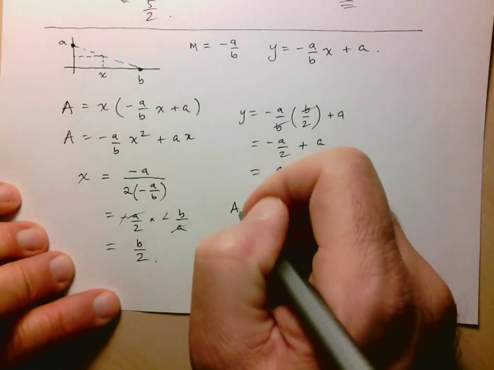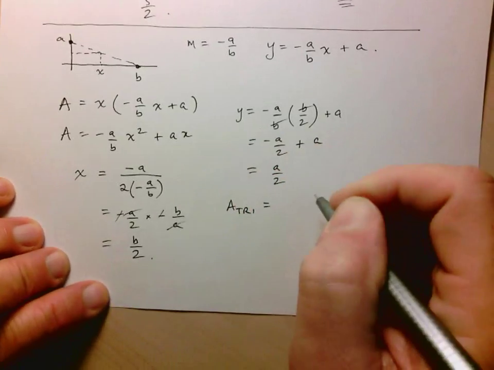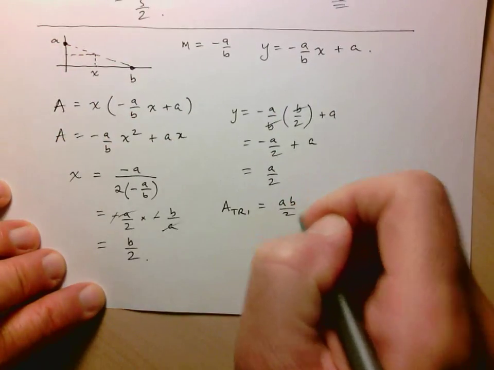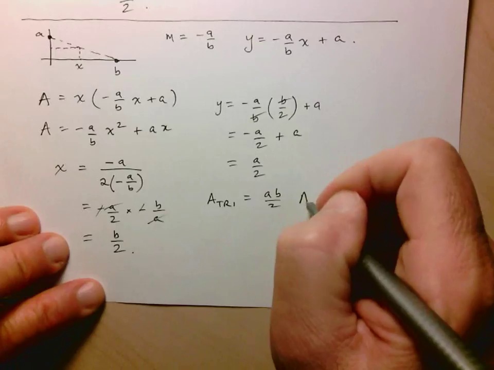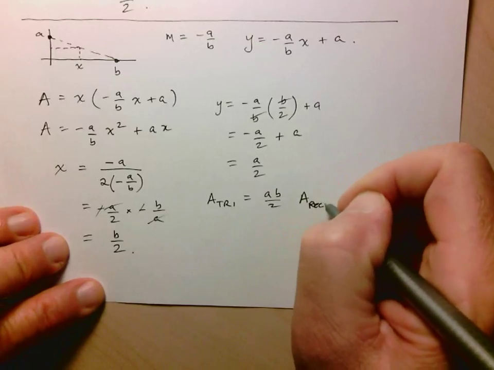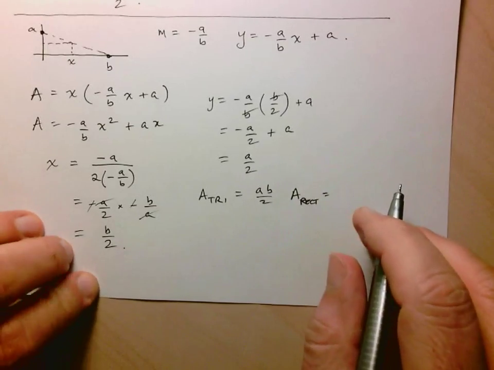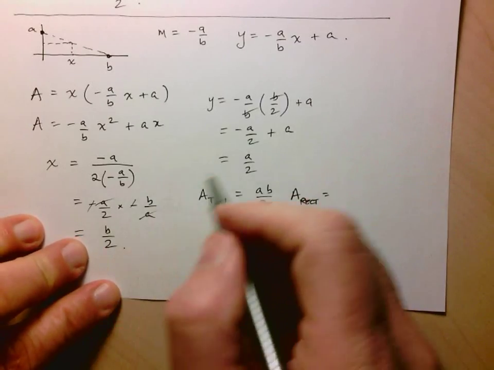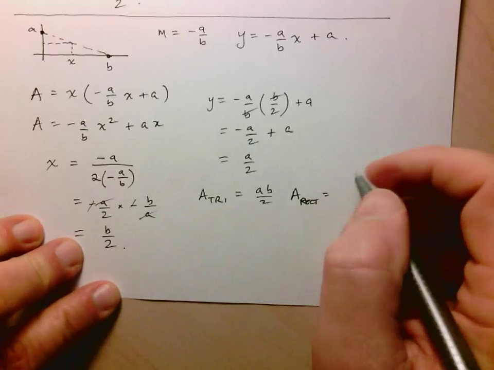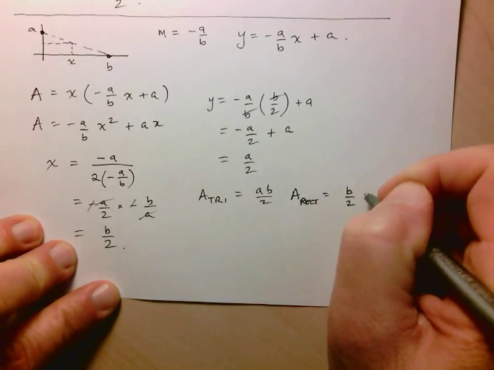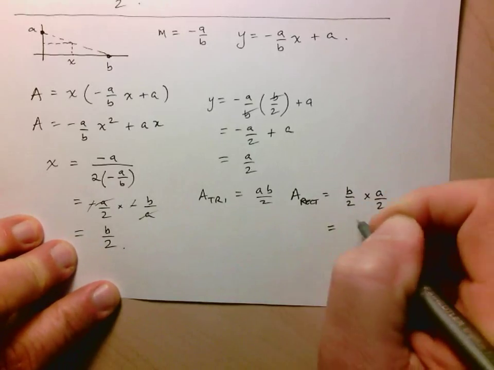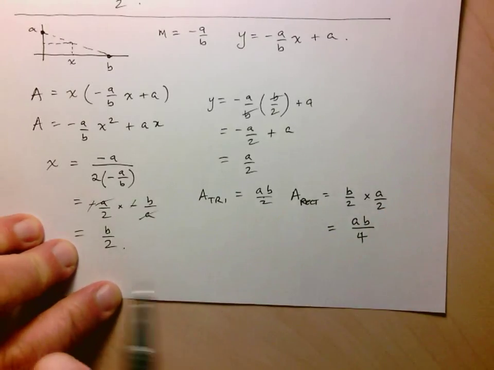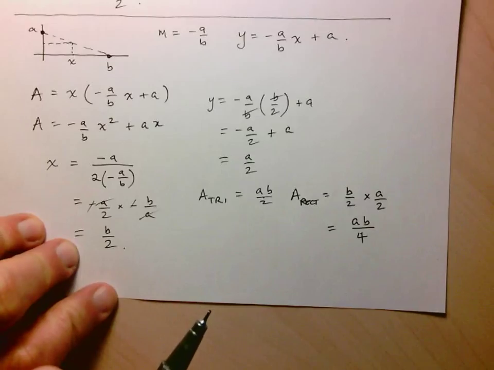So the area of the triangle, okay, is just equal to, well, a times b divided by 2. So let's now find the area of the rectangle. Okay, so the area of the rectangle is just, well, the length times the width, so b/2 times a/2, which is just equal to ab/4, which is exactly half the area of the original triangle.